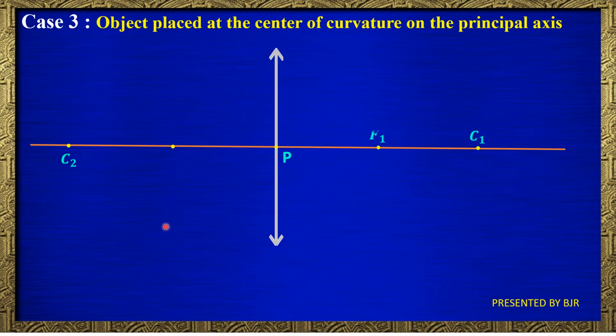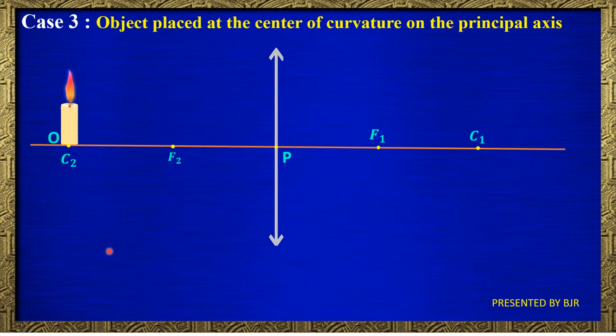And you need to remember one thing here, while showing the focal points, they should lie exactly between P and C. Okay, so here F2 and F1 should lie, you have to locate exactly between P and C. Okay, then only you will get the position of the images correctly. Now I am going to place the object, that is a candle, at the center of curvature on the principal axis. Here I am placing.